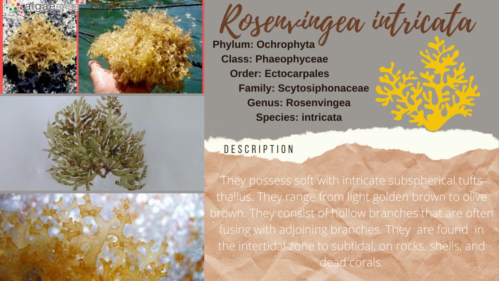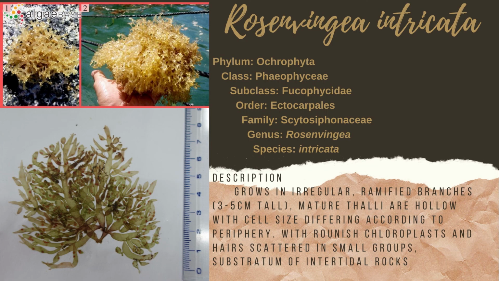Under the order Ectocarpales, the mature thalli of Rosenvingea intricata are hollow, and cells in the thallus are often larger near the cavity, with smaller cells adorning the peripheral sides. They also contain disc-shaped, roundish chloroplasts and hairs scattered amongst them.